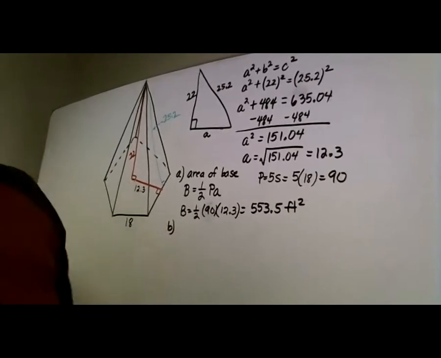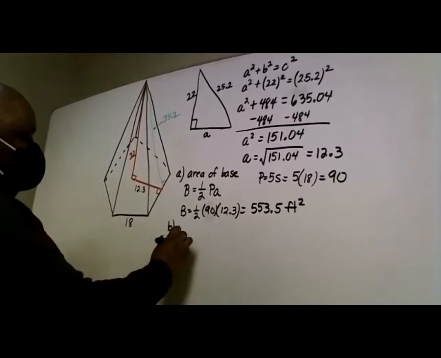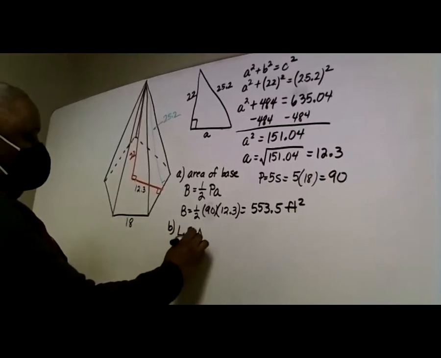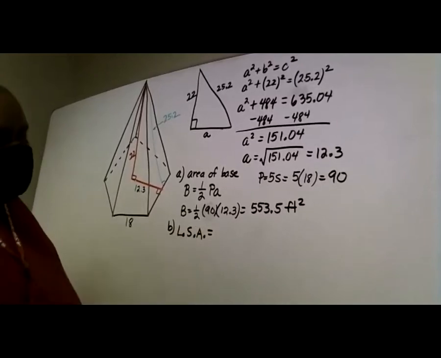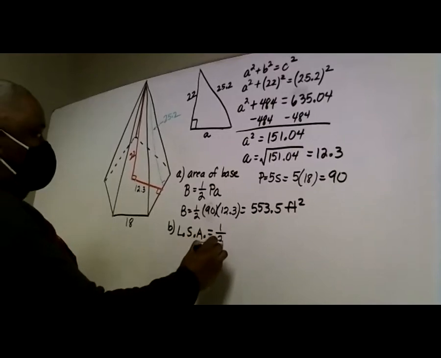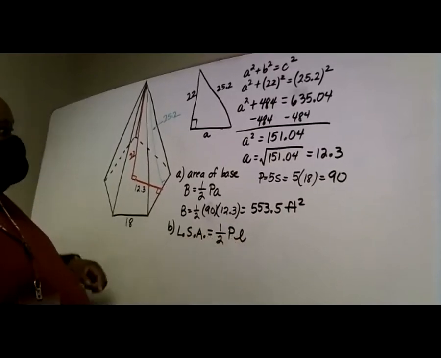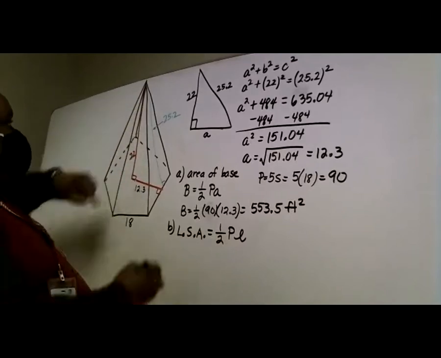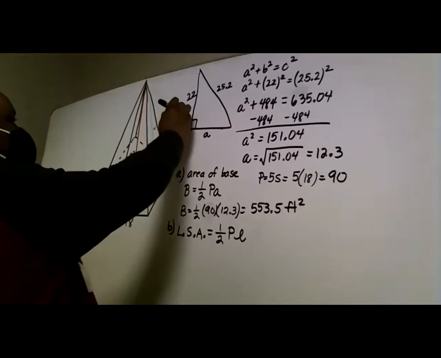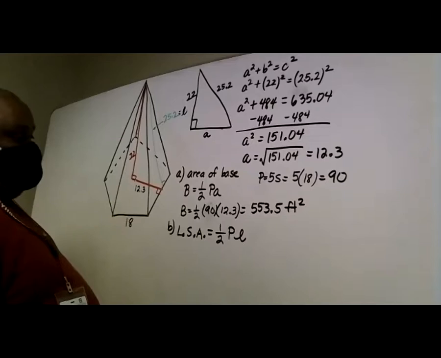Part B, they want the lateral surface area. And that's, of course, 1/2 the perimeter times the slant height. That 25.2, this is what L is, 25.2. That's the slant height.